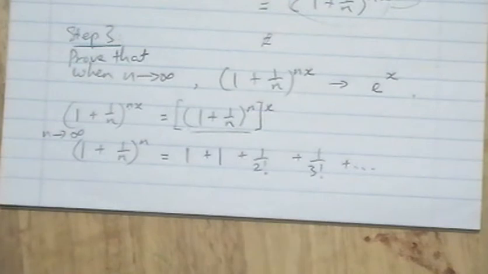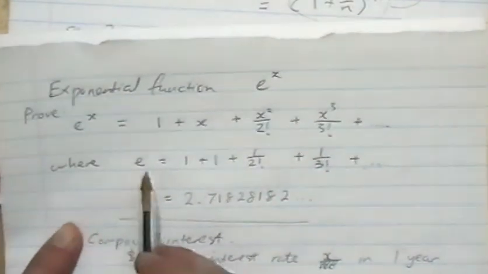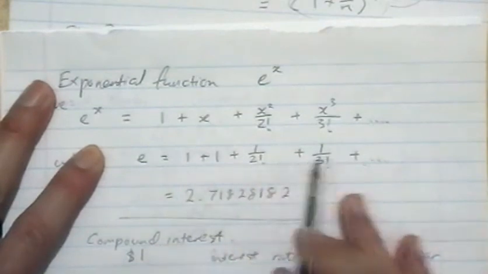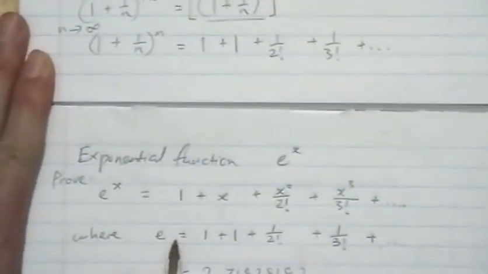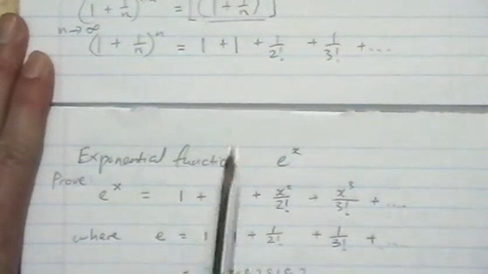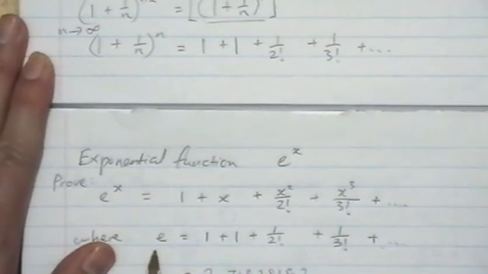Now, according to my definition in the beginning, remember, I've said that e is defined as this. Now, if I compare this with this, you see that this is actually just e itself.